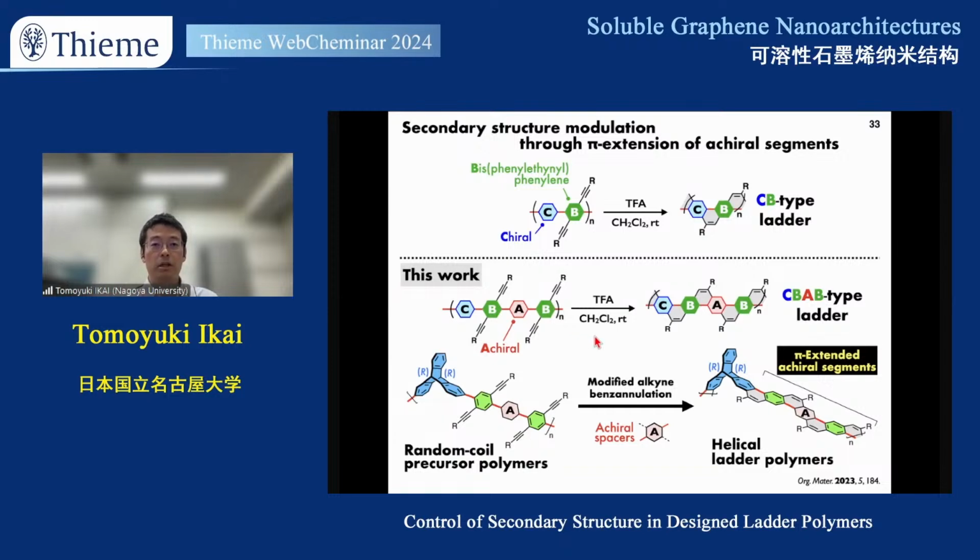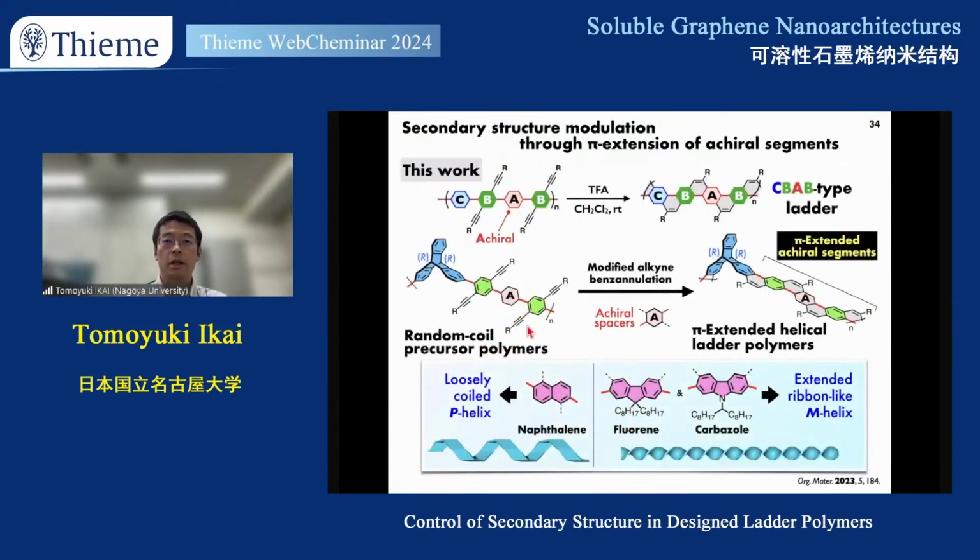To achieve this, we designed this CBAB type rubber polymer containing an achiral spacer A unit as a third component in addition to the other units. We tried to synthesize this pi-extended helical rubber polymer with the chiral unit and naphthalene, fluorene, and carbazole units as the achiral spacer, and we investigated the impact of the achiral spacer unit on the secondary structure.